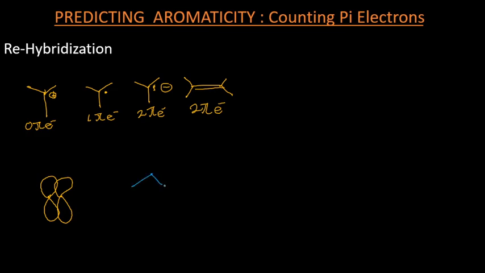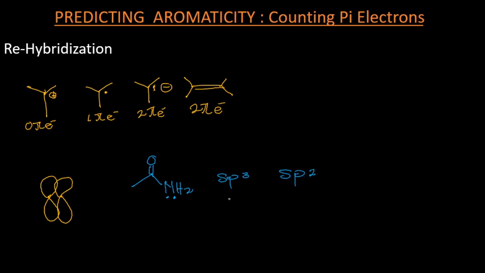So there's an amide, let's have NH2 here, then we have a double bond O. With the amide here, probably we might be expecting the nitrogen to be sp3 hybridized. But the fact is, nitrogen here is not sp3 hybridized but sp2 hybridized.